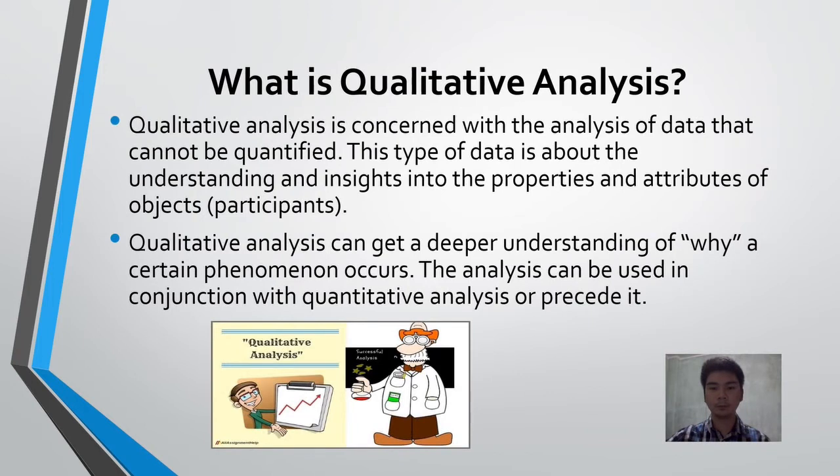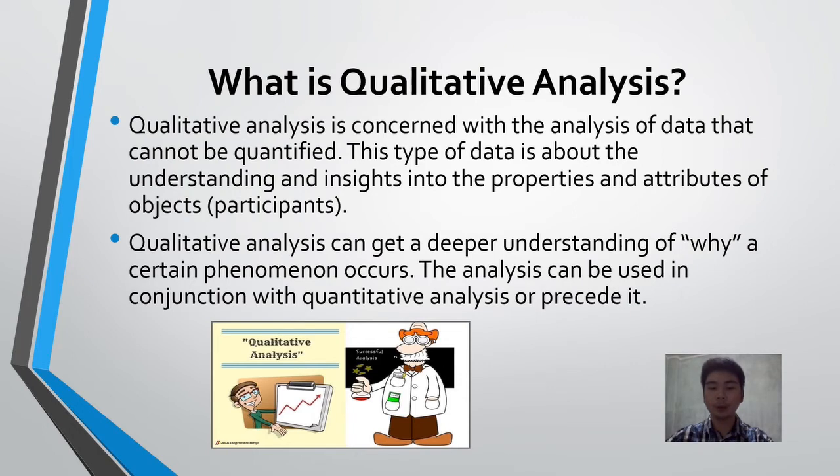What is qualitative analysis? Qualitative analysis is concerned with the analysis of data that cannot be quantified. This type of data is about the understanding and insights into the properties and attributes of objects, such as participants. Qualitative analysis can get a deeper understanding of why a certain phenomenon occurs.